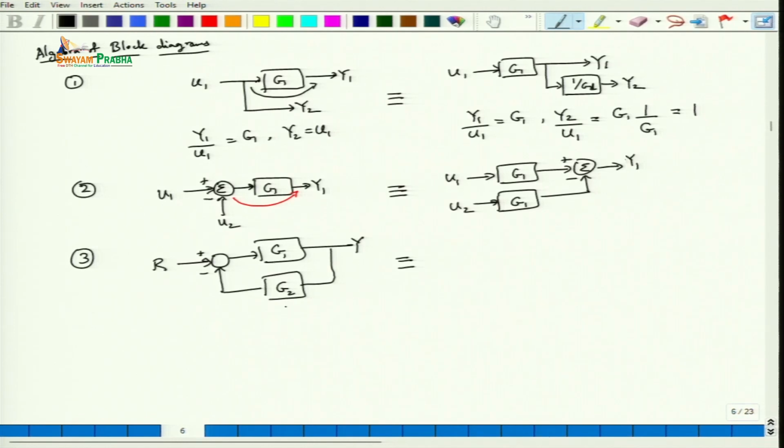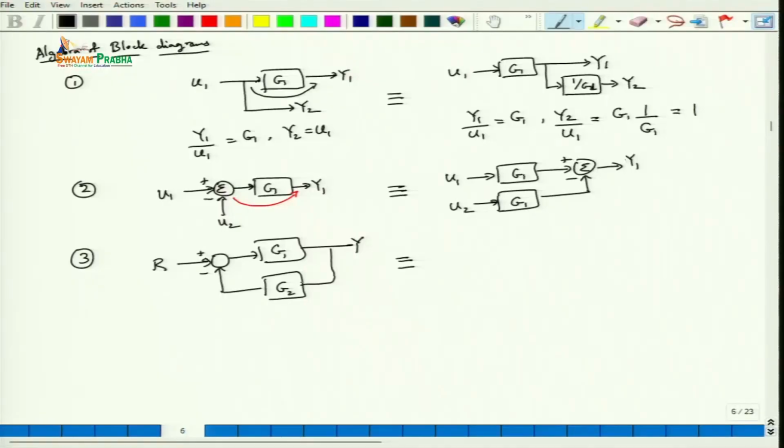This can be equivalently represented as follows. Say I have G2 here in the feedback path. I don't want that G2 in the feedback. So I want the feedback gain to be just 1. In that case, we'll move this particular G2 here.